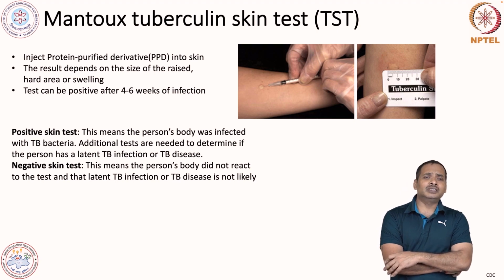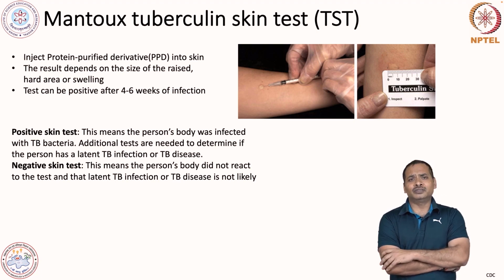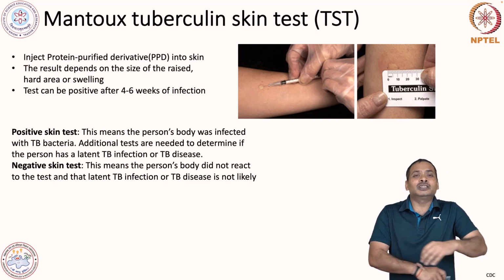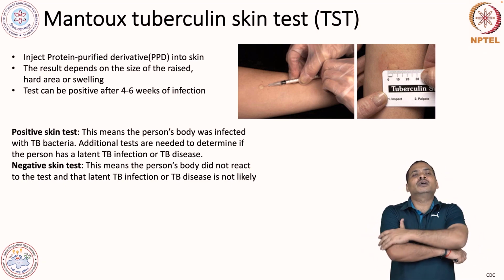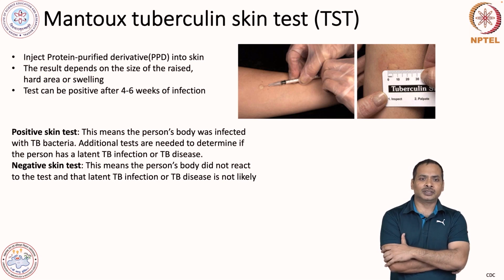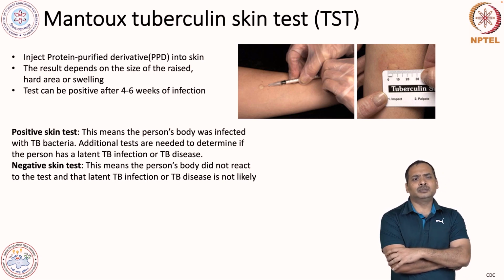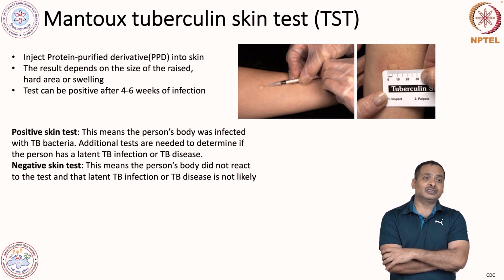What is PPD? It is purified protein derivative, which is basically the protein component of Mycobacterium tuberculosis. They inject it beneath the skin, and the result depends on the size of the raised, hard area or swelling.